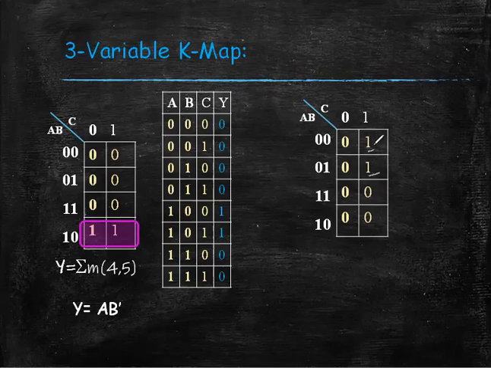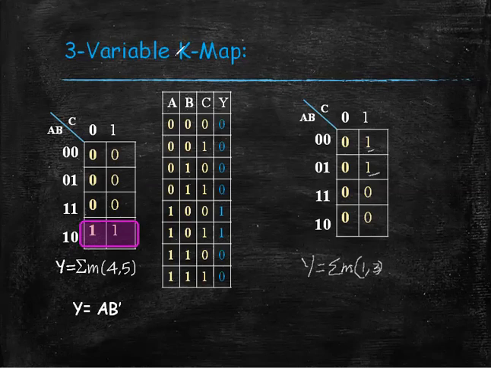Then it is a position of 1 and a position of 3. Then we can represent the function in the canonical SOP form as y is equal to the minterms of 1, 3.